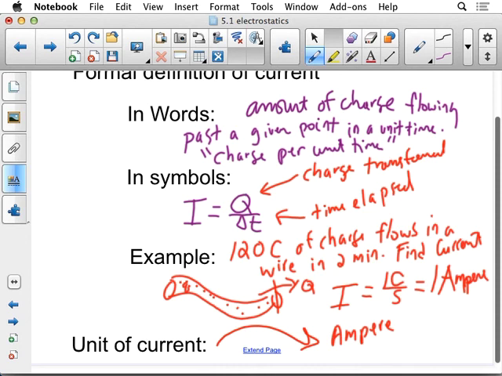One amp is equal to 1 coulomb per second. 1 amp, capital A is the symbol, is equal to 1 coulomb per second. You got lucky. I didn't really mean to make it come out perfectly like that, but there we go. Okay.